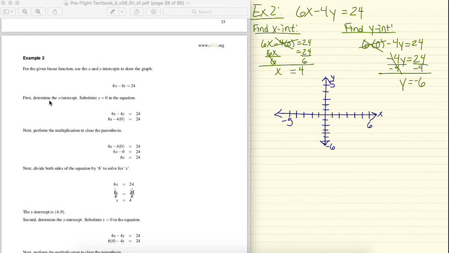And I label everything else, not that it's required, but just to keep it neat and organized. I'm going to graph the point x equals 4, so I plot a point on the x-axis at 4. I'm going to graph the y-intercept at negative 6, so plotting a point there. And then I'm going to connect them with as straight of a line as I can. Do your best. And there's the graph of the equation 6x minus 4y equals 24, using x and y intercepts.